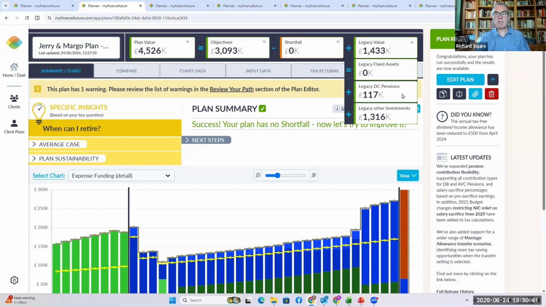So from a gifting perspective, if you want to later use this as part of your IHT mitigation strategy, pensions aren't as useful as ISAs. So we have to take those things into account. And I should say these numbers are current pounds and post-inheritance tax. So it's worth noting that, but it still means they're effectively comparable across the plans.